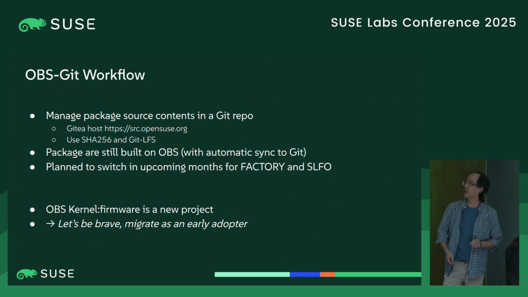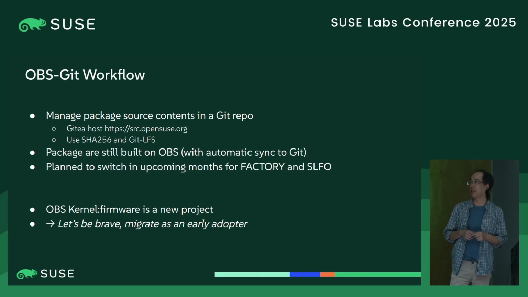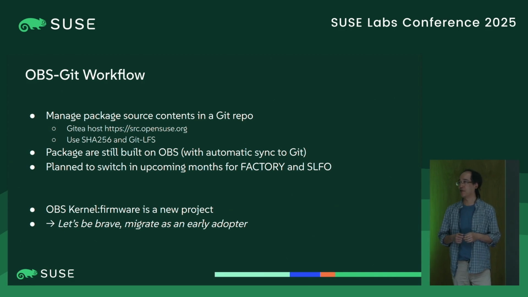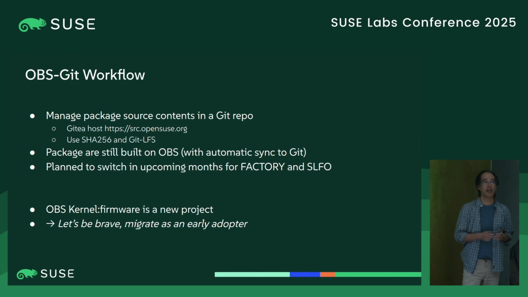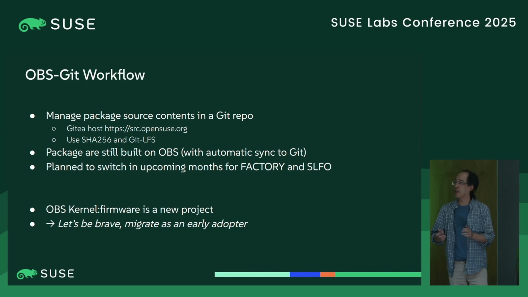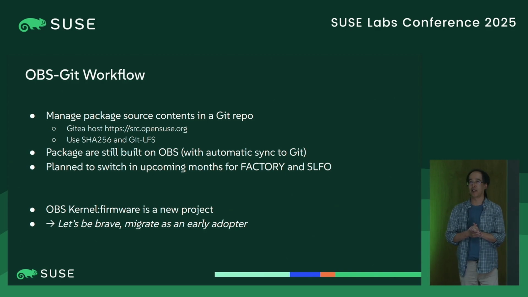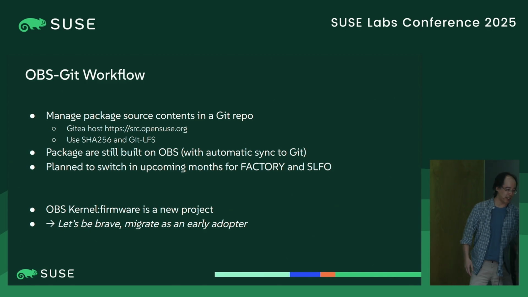But the point is that the package source is now managed in a Git repository, and the switch will happen sooner or later to factory and SLFO. Because our new OBS kernel firmware project is pretty new, let's be funky and be an early adopter.